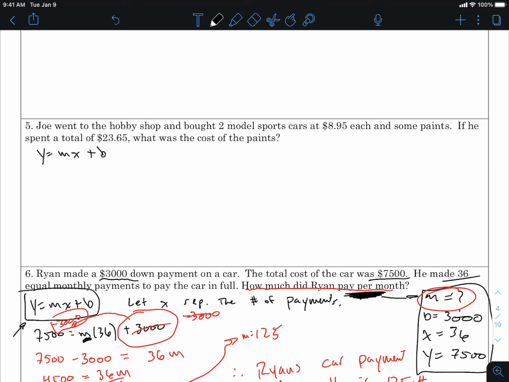As soon as I see that equation on the page, at least if I know what each of these are, at least M and B, I can look at the question and start to extract some of the information, right? And so I know from the question that the total amount of money spent was $23.65. Well, this equation expresses how much money is being spent, right? So I know from this.